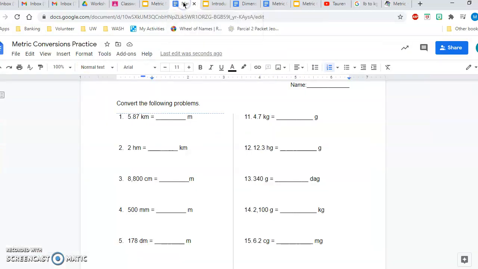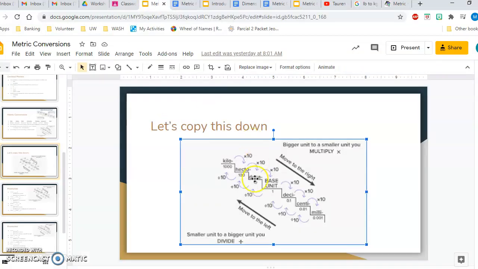So what I'm going to do is show a couple examples. This question is asking us to start at 5.87 kilometers and go to meters. How we do this is we find our chart. We're at kilometers, so K, M, and we need to go to the base unit, meters.